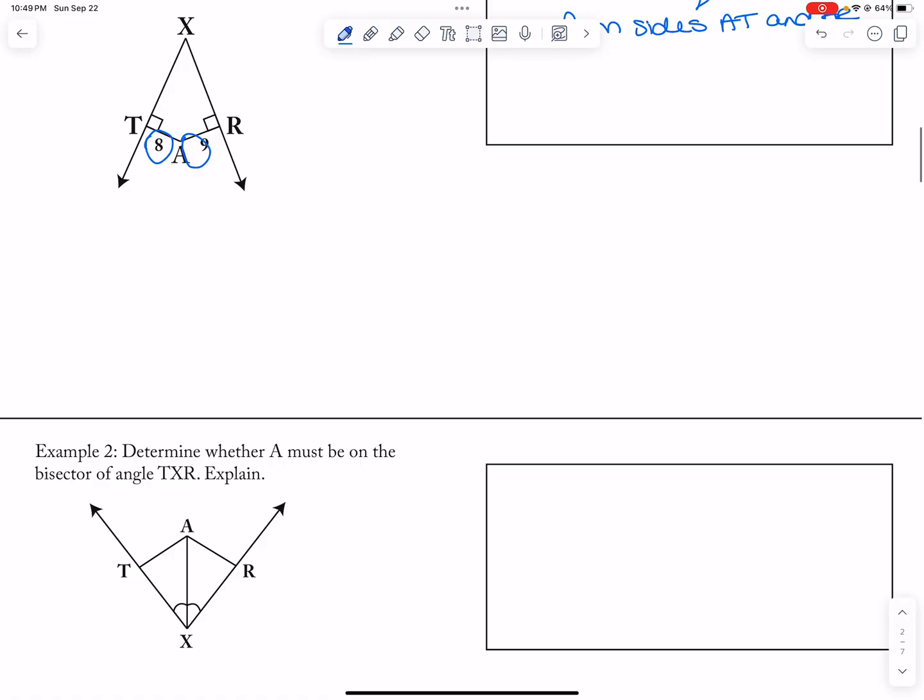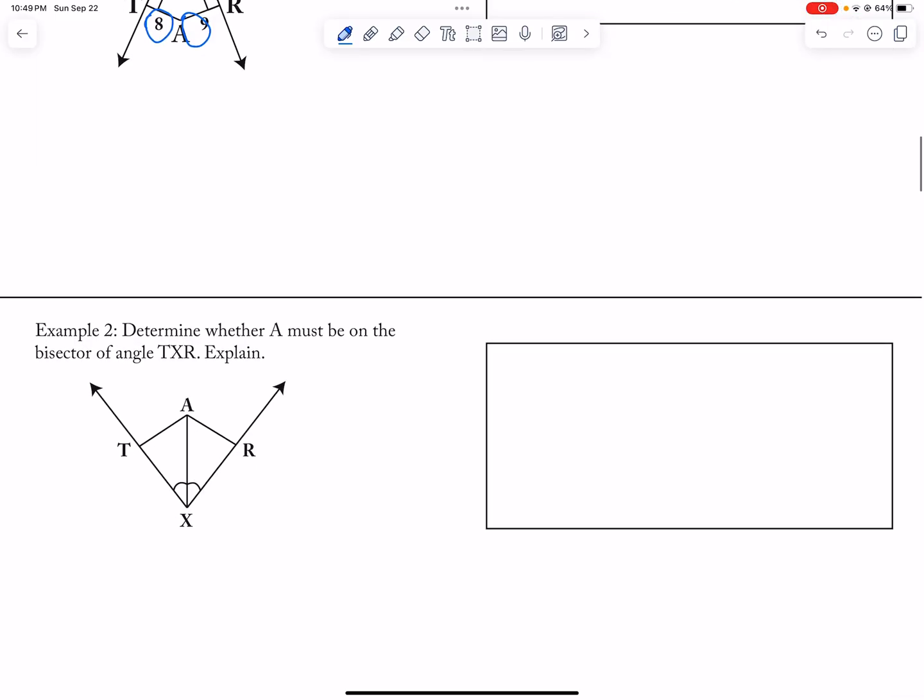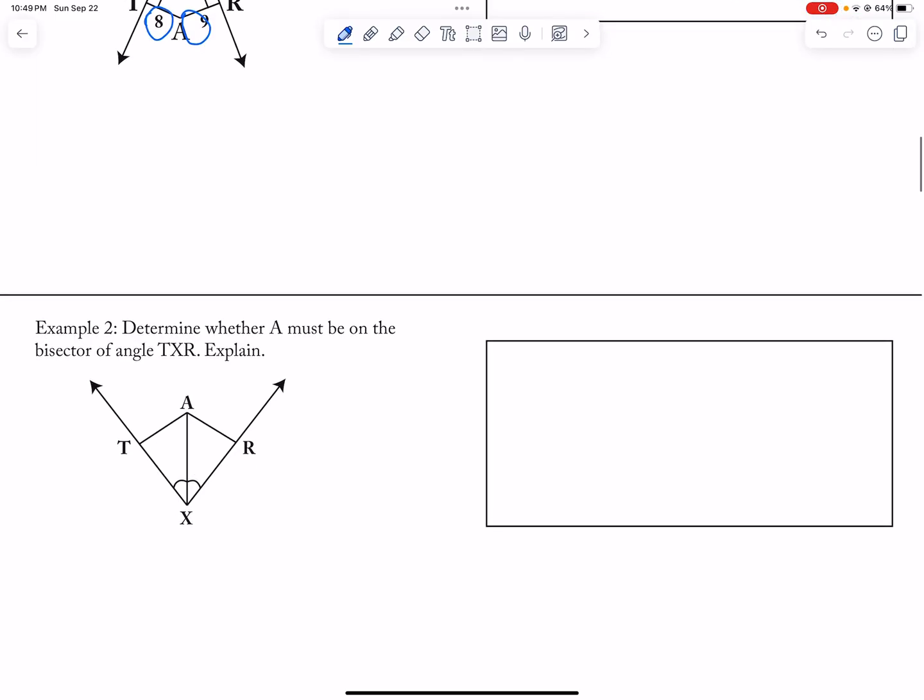Okay. If I look at example 2, these two angles are congruent. Because these two angles are congruent, it does bisect, it's an angle bisector of the larger angle measurement.